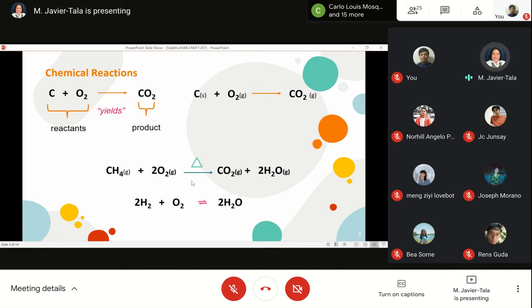Another way of writing chemical reactions has these forward and backward half arrows. These forward and backward half arrows are read as a reversible reaction or an equilibrium reaction. When you say equilibrium reaction, it means the rate or speed at which your products are formed is the same as the rate at which your reactants are formed.